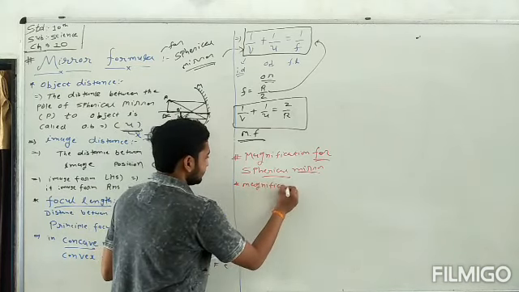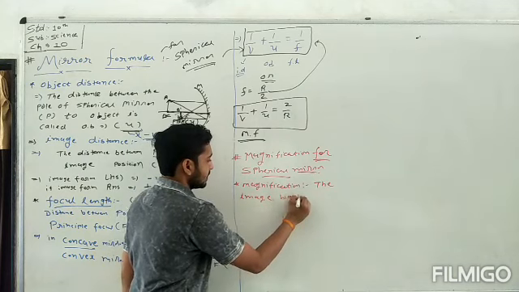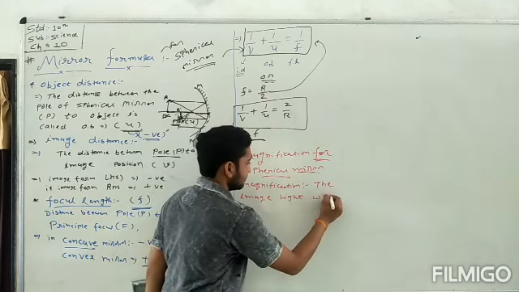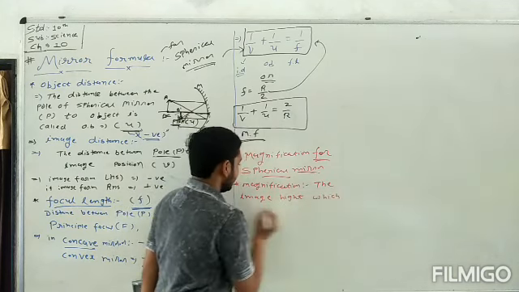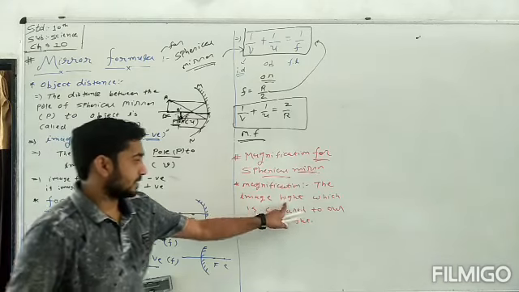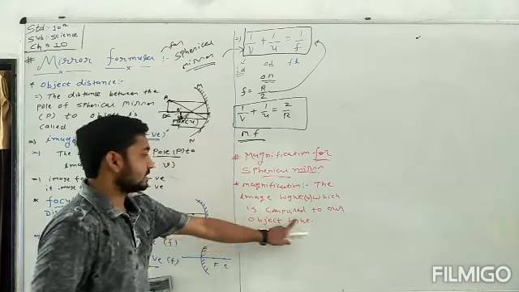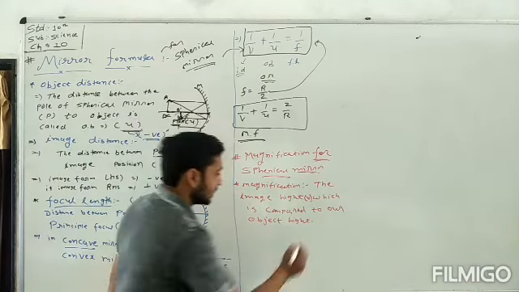Magnification of a mirror compares the image height to our object height. These two parameters give the value of magnification.